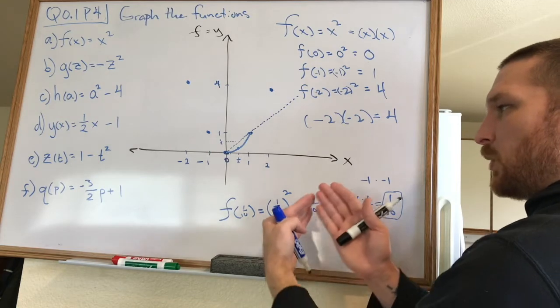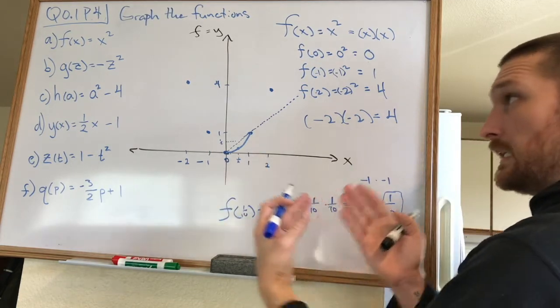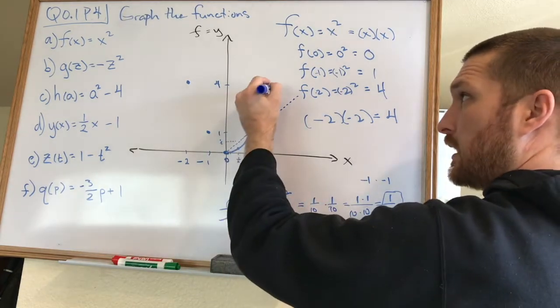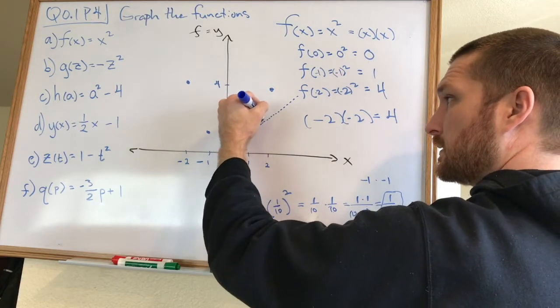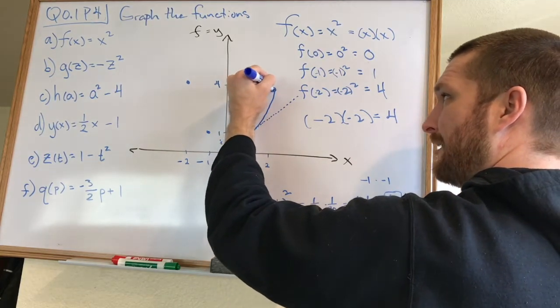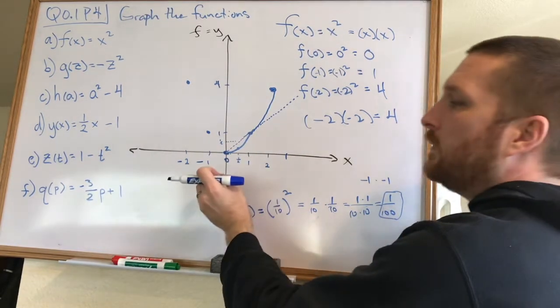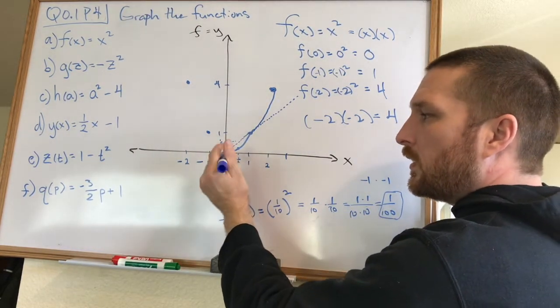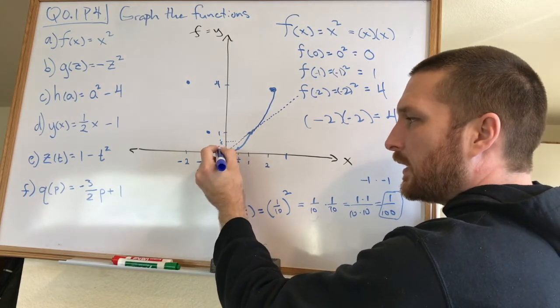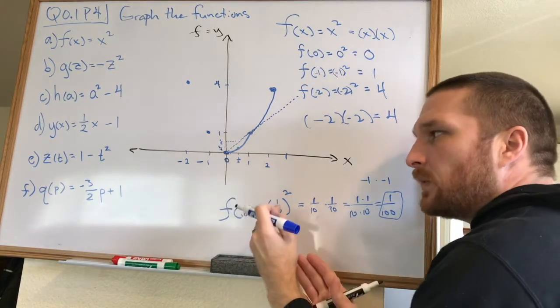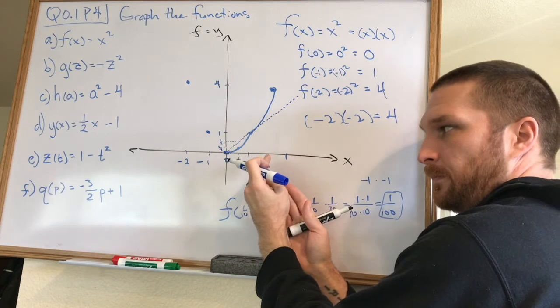But now when you square a number bigger than 1, it gets much bigger, right? And so now you're out here. It does something like this, right? And now you move, so we moved over by a half and we only went up a quarter.